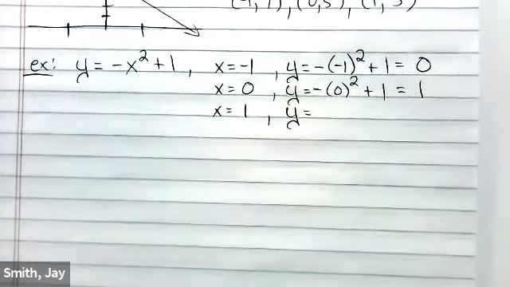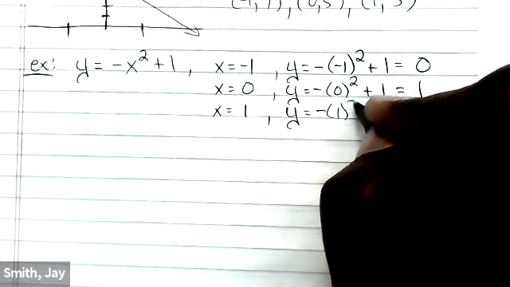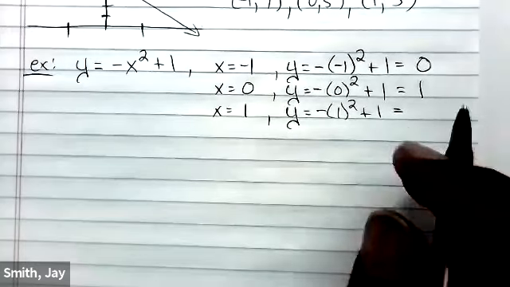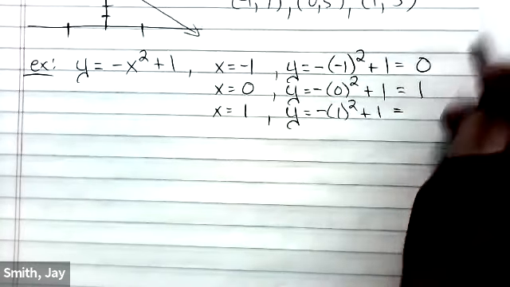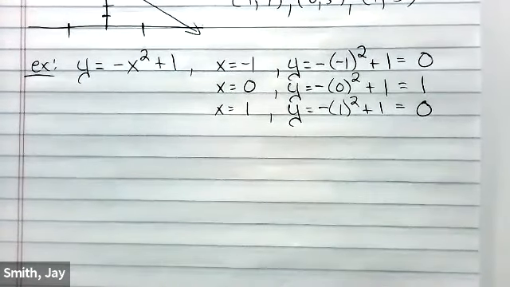And for the third, we'll replace every x in the equation with +1, and it will be -1 squared plus 1. And we end up with 0 again. So those are the pairs that we're going to be graphing here.